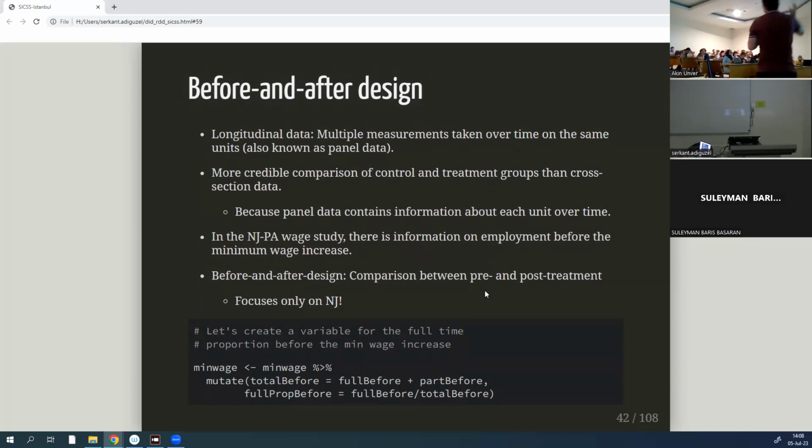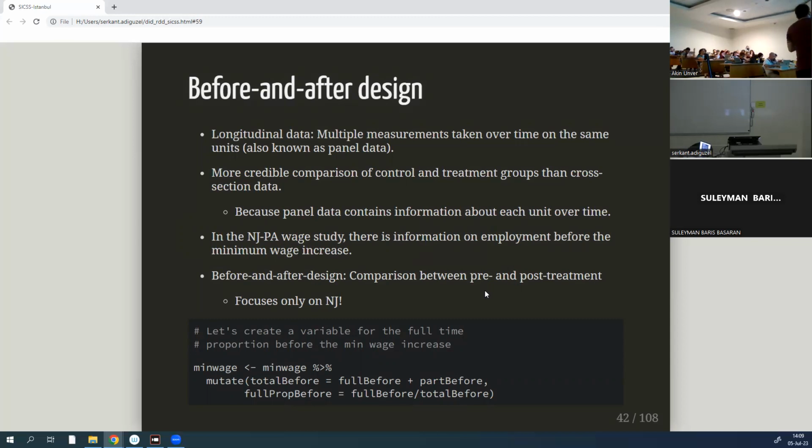Let's say there is this pro-labor culture in New Jersey. Historically, it doesn't change. It's constant. Then in this design, that's taken care of, because we are comparing New Jersey with New Jersey. So anything that is constant, that is time invariant, is taken into account in this before and after design. That's the beauty, right? Any time invariant things are taken into account here.